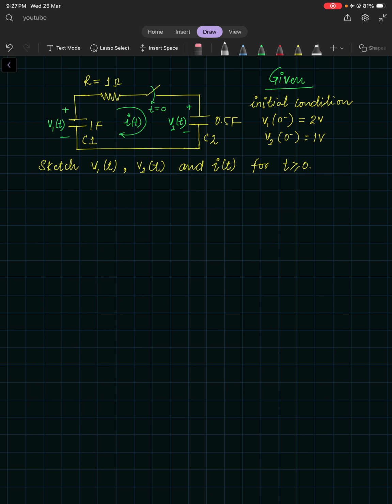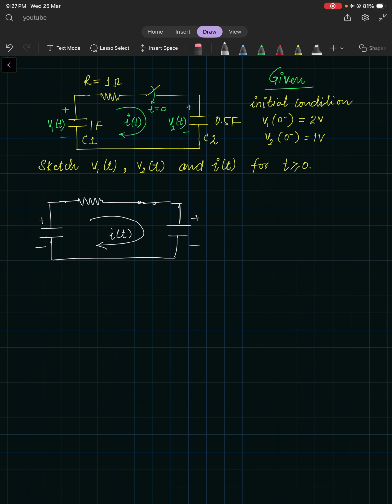First let's close the switch. Here the switch is closed, and this is how the current is given. This is the plus and minus terminal.